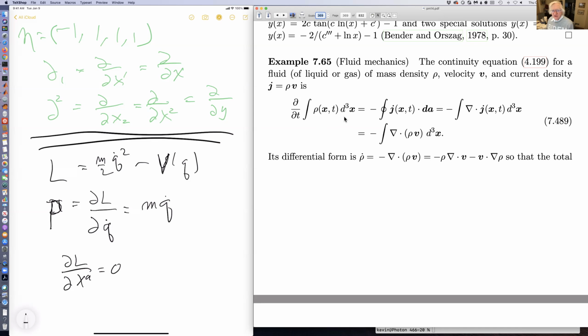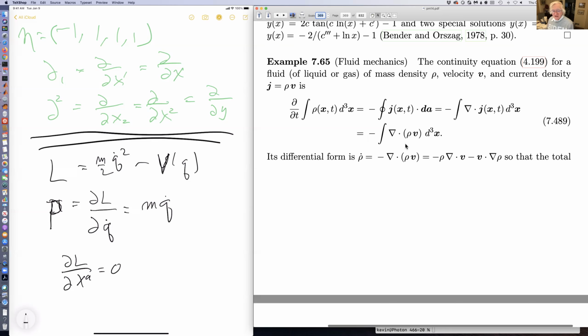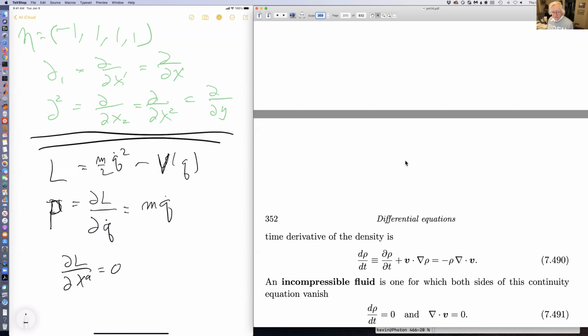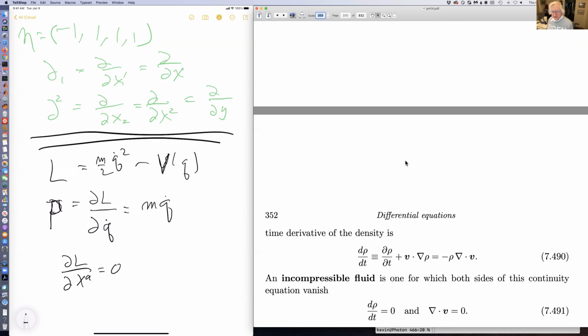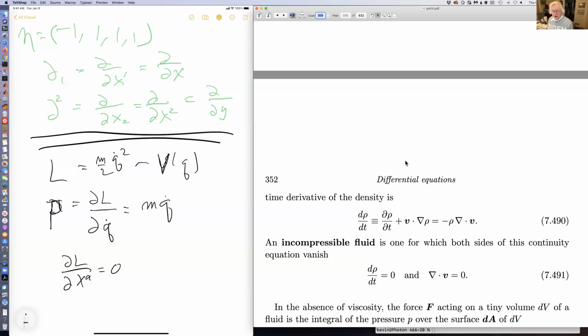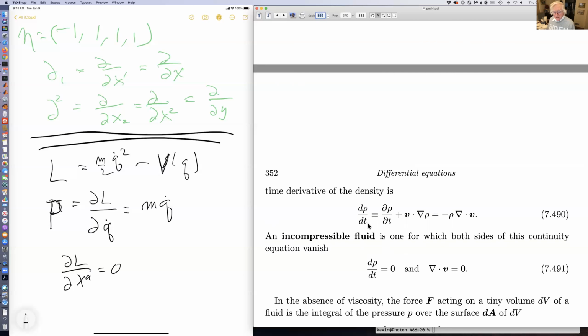The time derivative of the amount of stuff in a volume is the amount of current flowing in, and that's this. And so we get this differential equation.